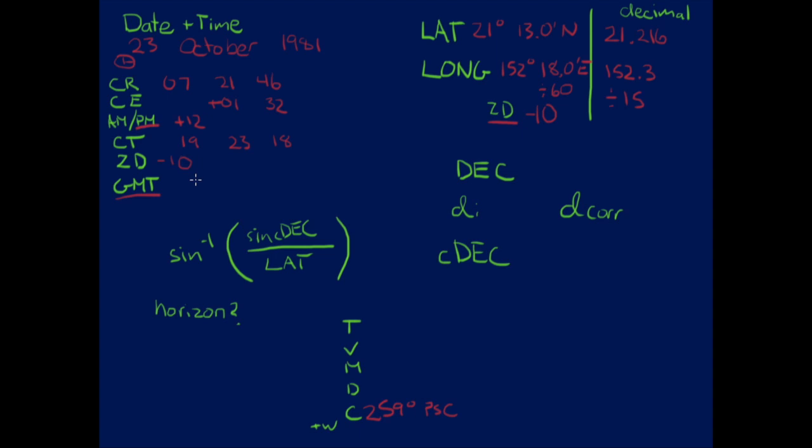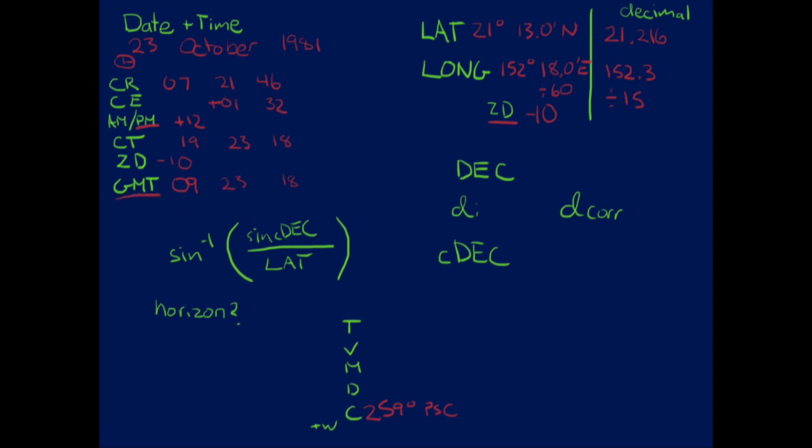Minus 10, Greenwich Mean Time is 09:23:18. So even though it's sunset, it's nighttime where we are, back in jolly old London, it is 0900 in the morning. So this is how we're going to enter the Nautical Almanac, using Greenwich Mean Time.